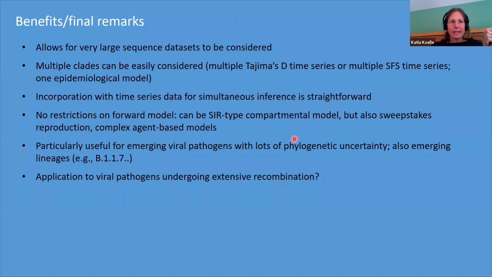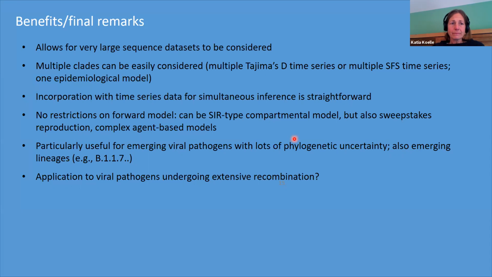And so just to summarize, the benefit of these tree-free inference approaches is that they allow for very large sequence data sets to be considered because you don't have to actually estimate a tree or integrate over that phylogenetic uncertainty.